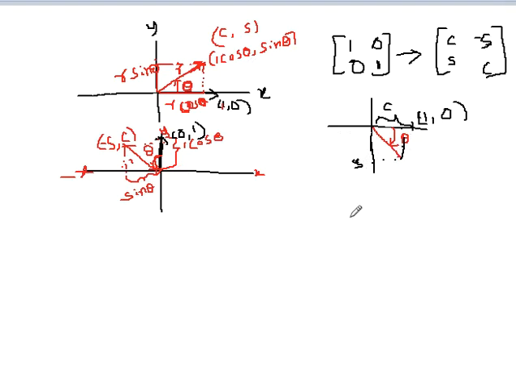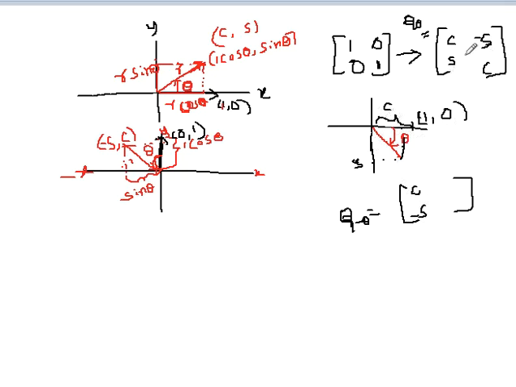It is minus. So Q of minus theta, when rotated in the clockwise direction, makes (1, 0) become c and minus s.